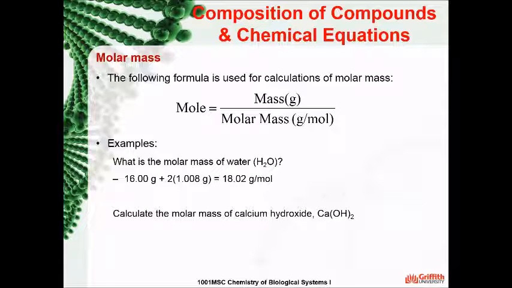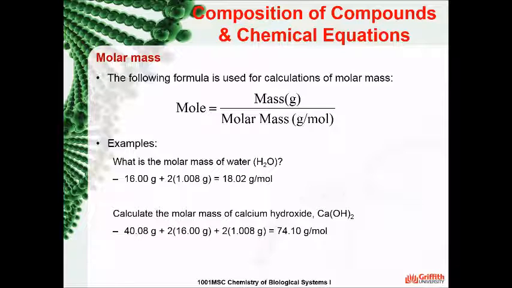Let's see another example. Calculate the molar mass of calcium hydroxide, which is Ca(OH)2. From the periodic table, calcium is equal to 40.08 grams, oxygen is 16 grams, and hydrogen is 1.008 grams.